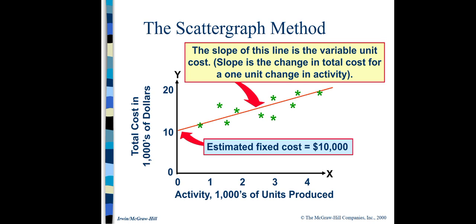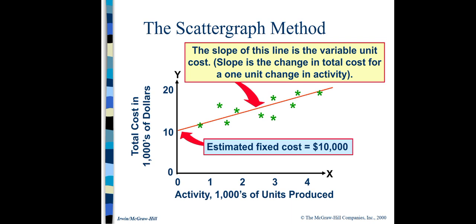After we draw the line, we can make an estimate for the total fixed cost at the point where the line intersects, atau bersinggungan ya, the vertical axis at 0 units of activity.